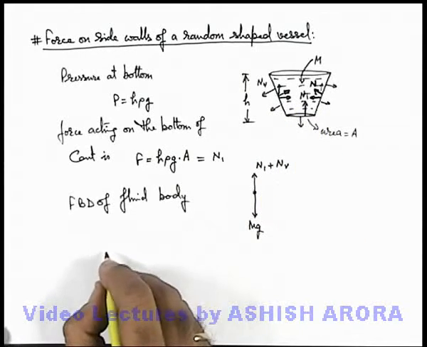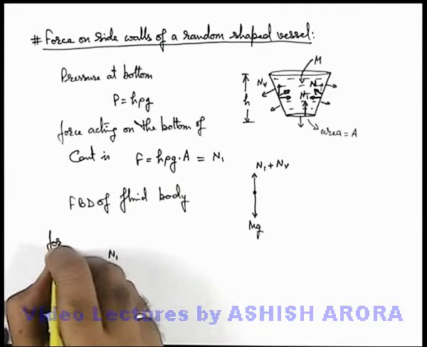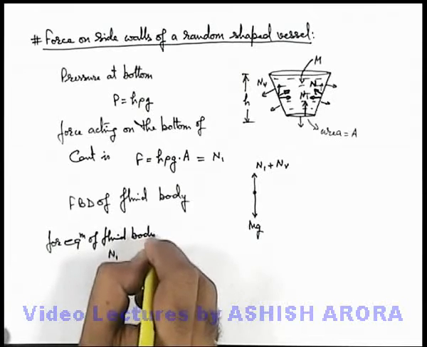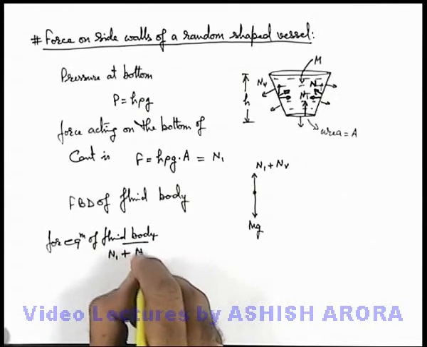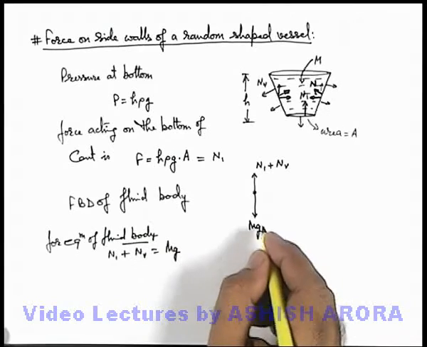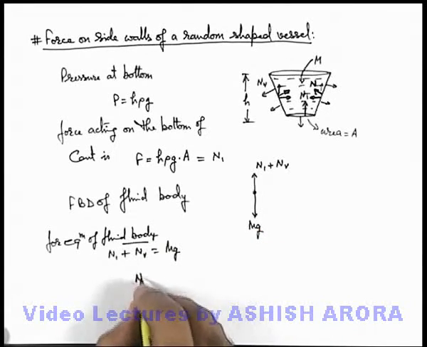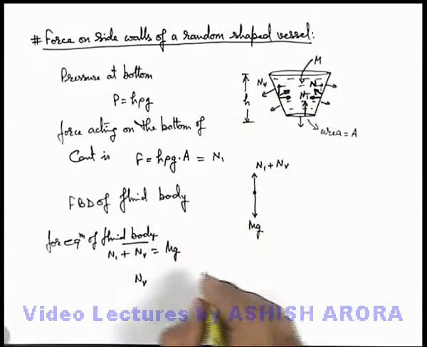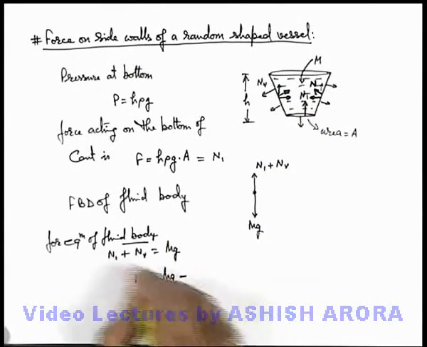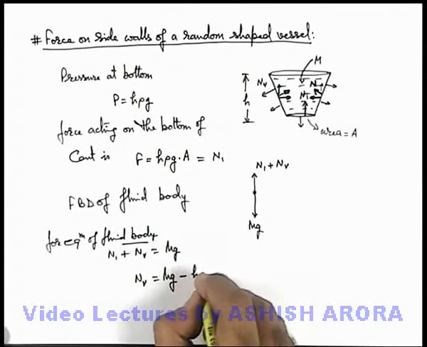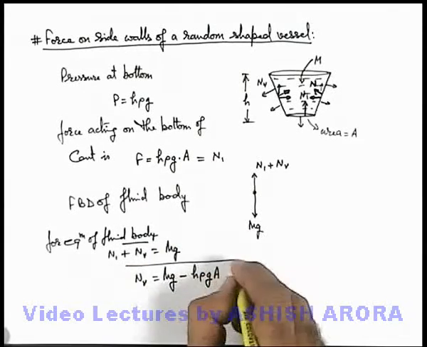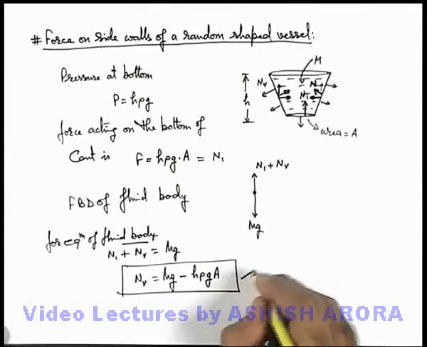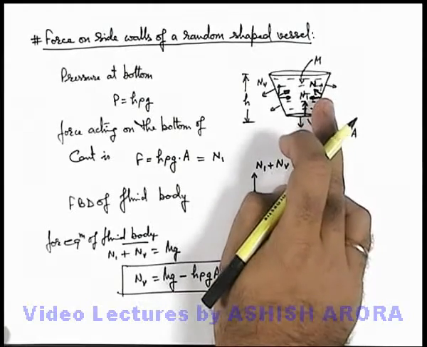For equilibrium of the fluid body, N1 plus NV balances the weight of the whole liquid. So NV, the force exerted by the side walls on the fluid body, can be written as mg minus N1, where N1 we already calculated as H rho g into A, the force exerted by fluid pressure on the bottom. So this is how we calculate the force acting on the side wall.